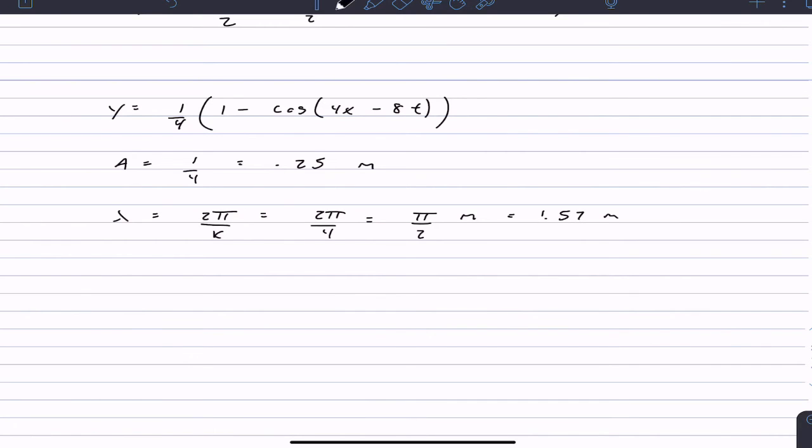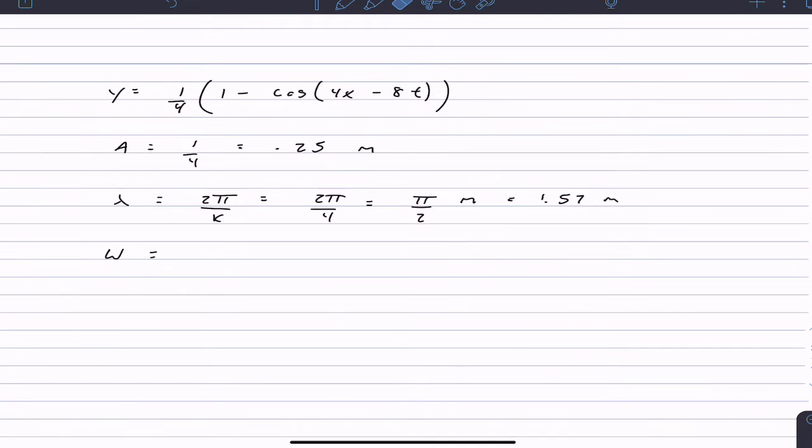Okay, next we need omega. Well, we just have it here. It's going to be 8, right? So this is 8, and it could be radians per second. Okay, so that's pretty much it.